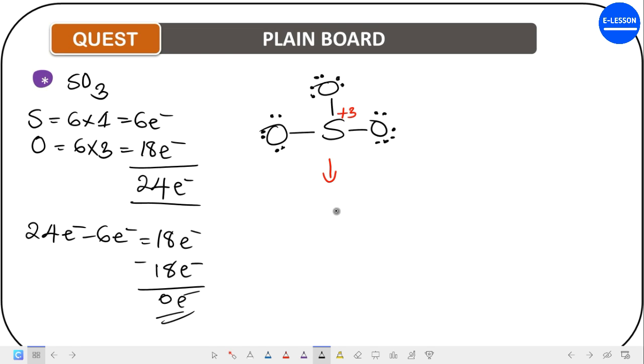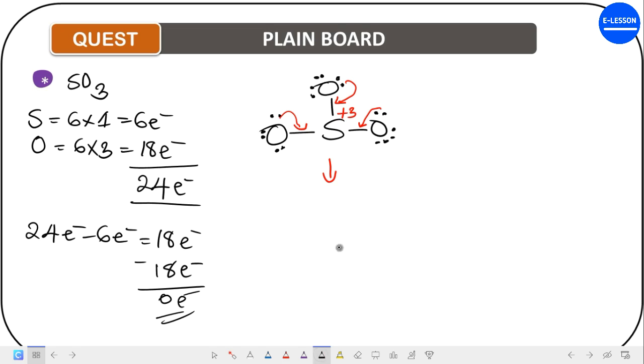So what we are going to do now is write the correct one for you. For every bond that we take to form a double bond, a lone pair leaves an oxygen and the charge drops. If I take this first one, a double bond here, it becomes 2+. Take this one, double bond, it becomes 1+. Take this one, double bond. All the plus charge is no longer there.